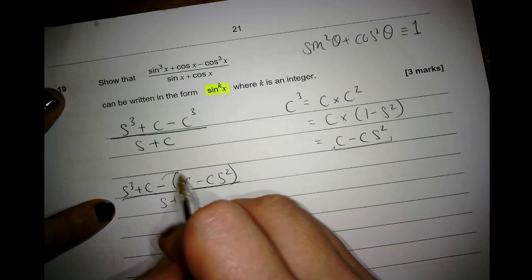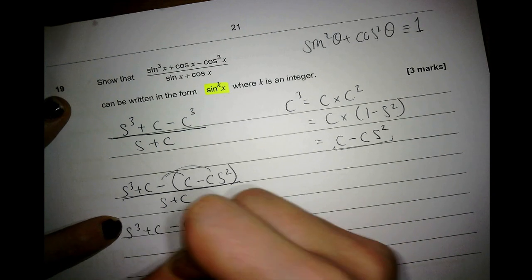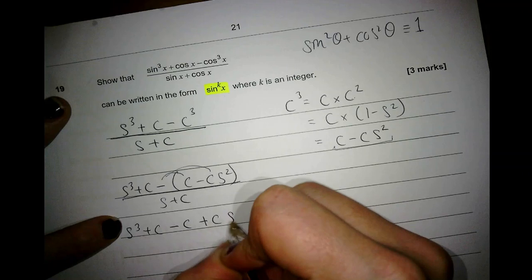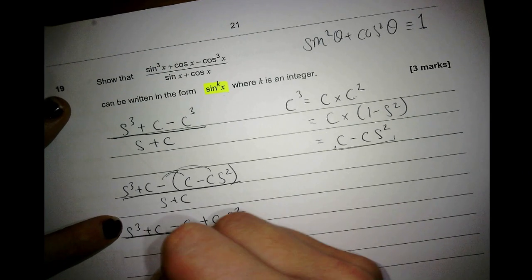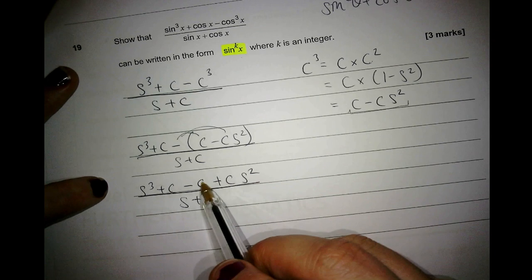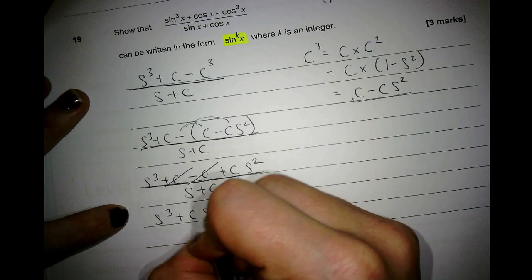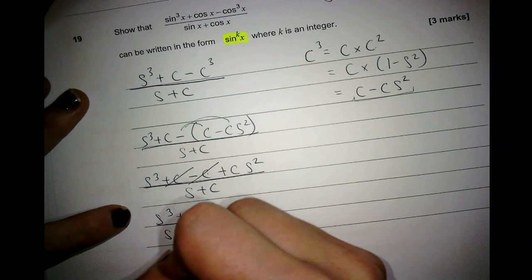I'm going to expand that negative bracket, so sine cubed plus cos minus cos plus cos sine squared all over sine plus cos. Oh, that's quite nice. My coses that were just coses on their own cancel. So I'm left with sine cubed plus cos sine squared over sine plus cos.